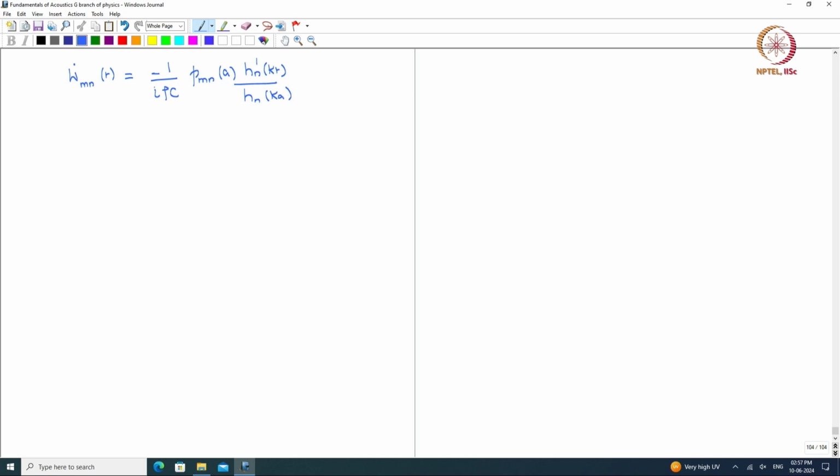Okay, so if this is turned into a velocity condition at r equal to a, then we have w dot mn of a is equal to minus 1 by i rho c p_mn a, Hankel n dash of Ka by Hankel n of Ka. Okay, you see now we have related the coefficients to p_mn a.